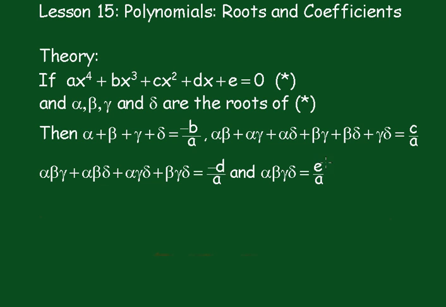Alright. Now, same deal as before, we'll divide through by the a, and we get that x to the fourth plus b on a x cubed plus c on a x squared plus d on a x plus e on a equals 0.